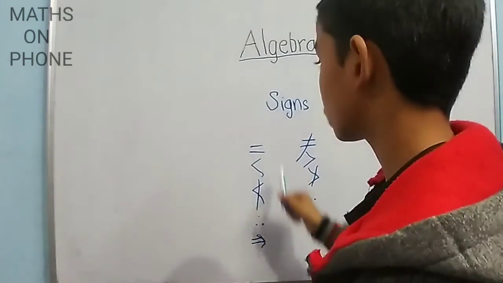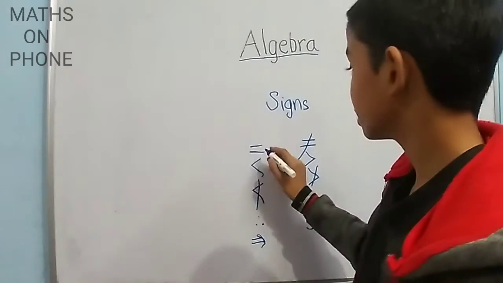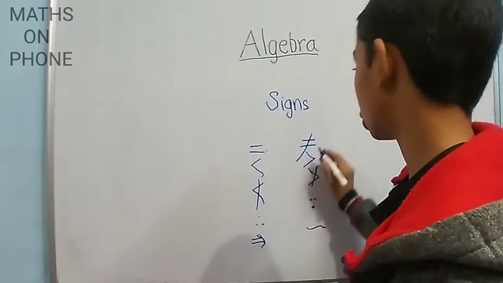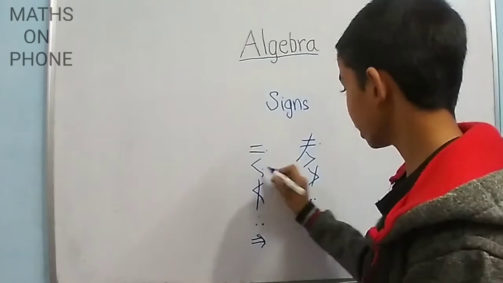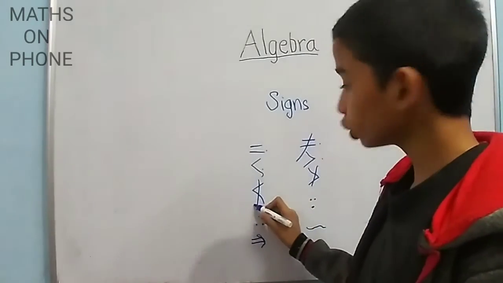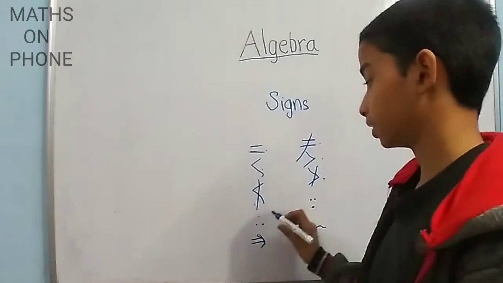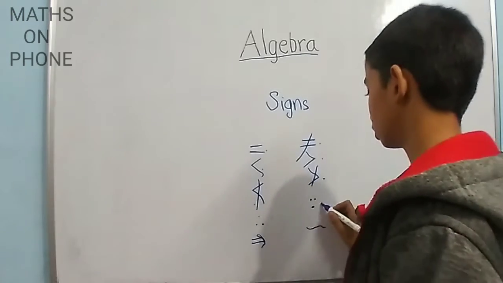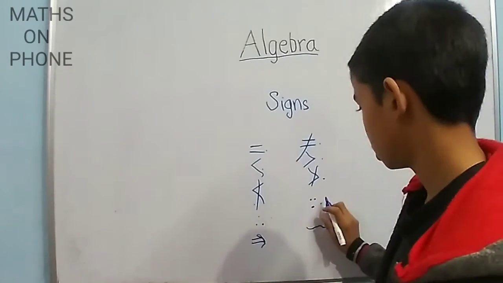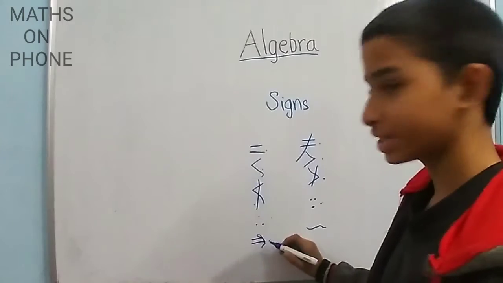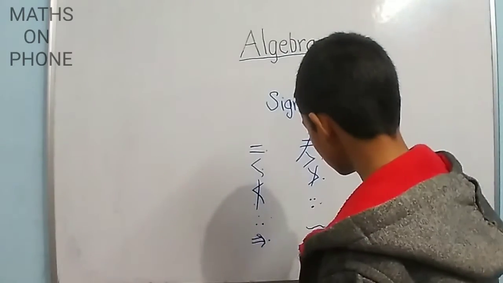These are the signs we use in algebraic expressions. This is equal to, not equal to, lesser than, greater than, not lesser than, not greater than, therefore, because or since, implies that, and this is the difference between.